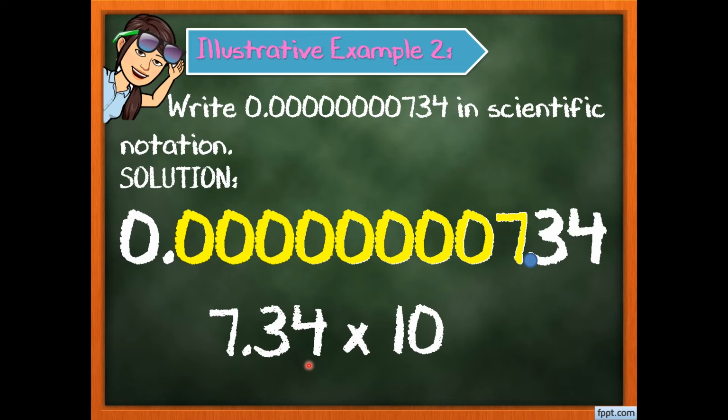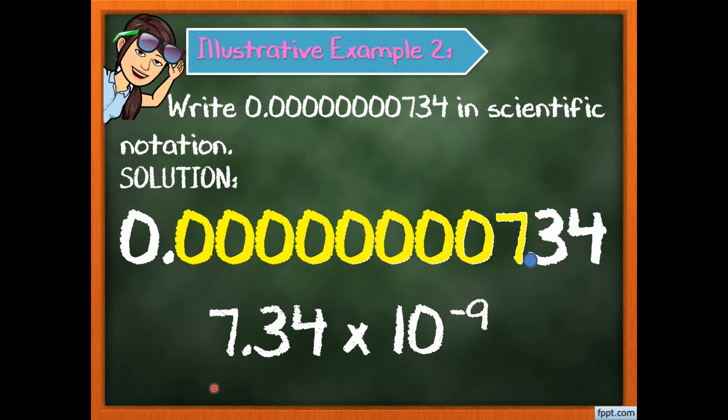Multiply it by 10. Now let us count the number of decimal places we moved the decimal point. So 1, 2, 3, 4, 5, 6, 7, 8, 9. Since it is a smaller number, our exponent is negative. So it is negative 9.